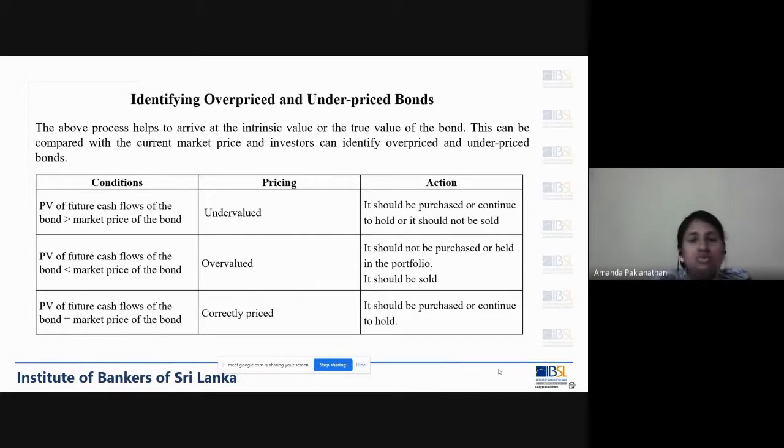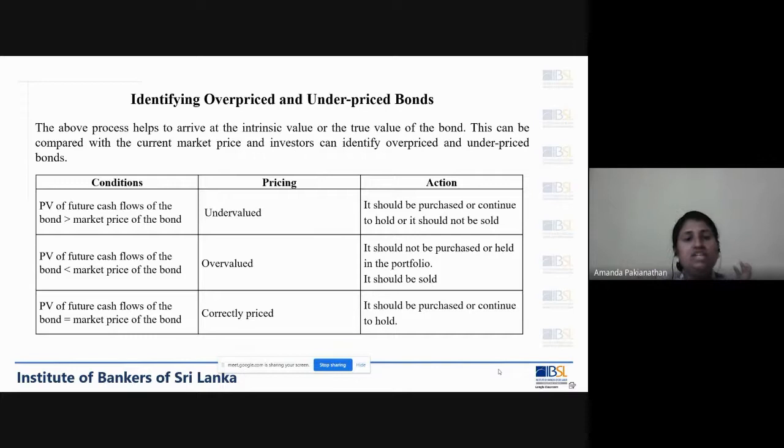So for you to identify whether the bond is overpriced, underpriced, or correctly priced in the market, we need to do this calculation. You need to know the true value of the bond to see whether the security is overpriced or underpriced.